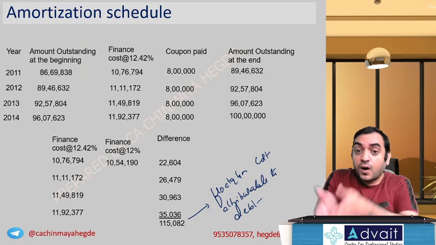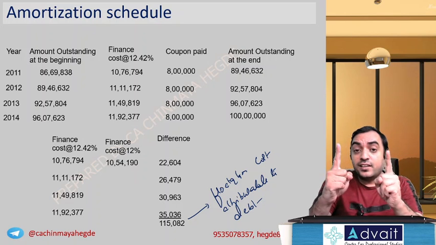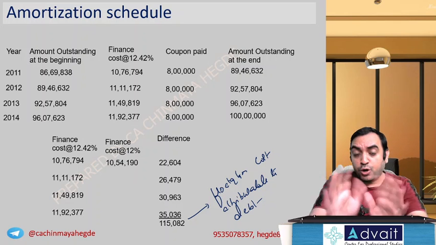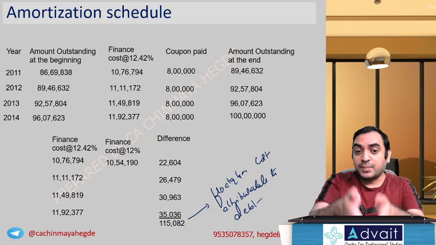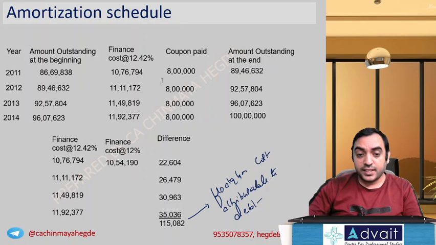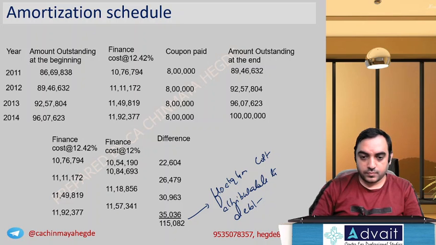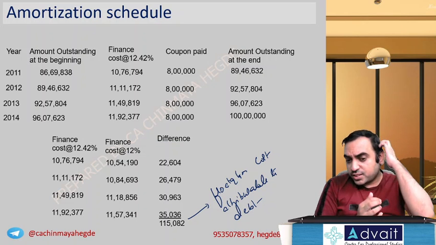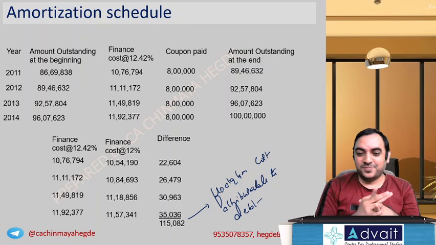Instead of transferring the flotation cost to the P&L account in 1 year, we will transfer it to the P&L account over a period of 4 years, not in the ratio of equal 1 by 4, but as a part of interest cost, effective interest cost. Flotation cost attributable to debt.